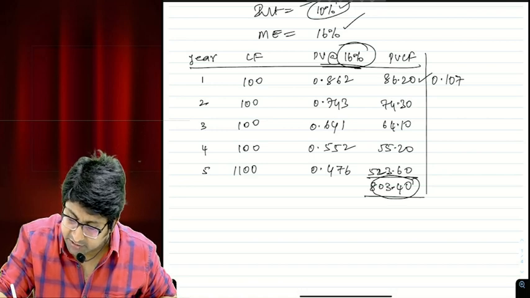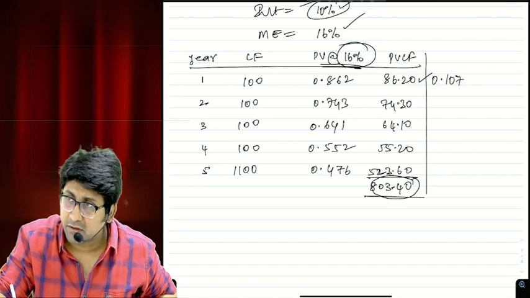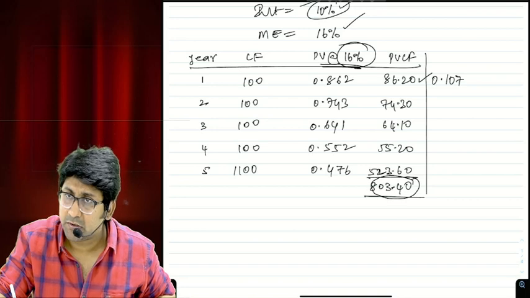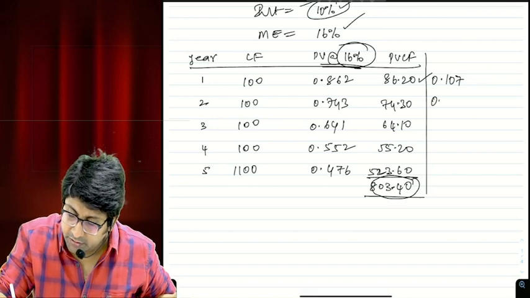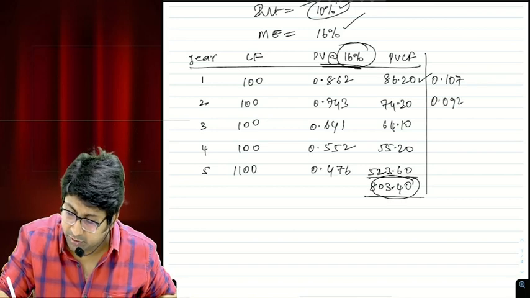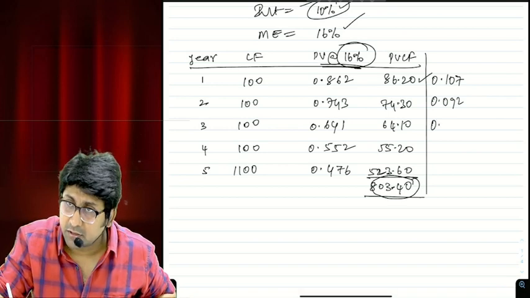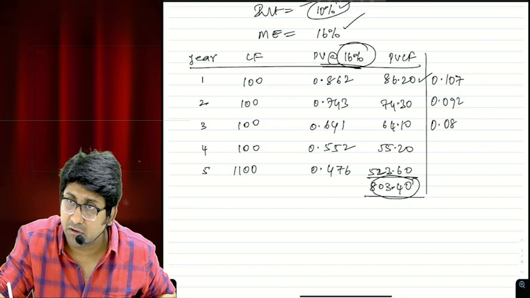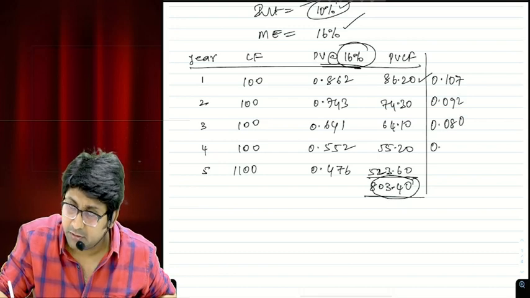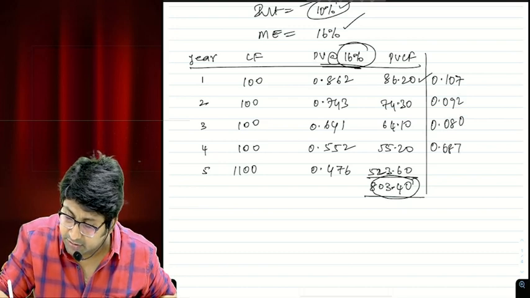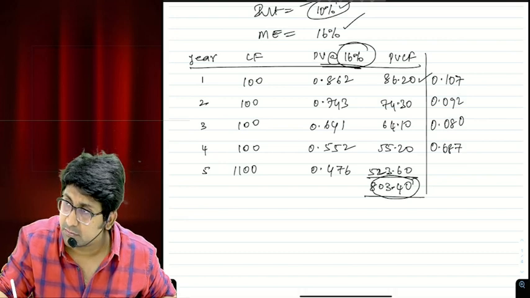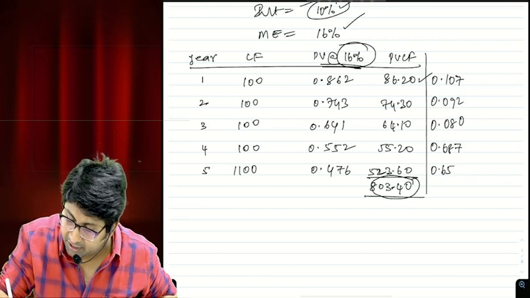Very good. Next, fast. 0.92. Next, 0.80. Next, 68.7. Very good. Next, 655.